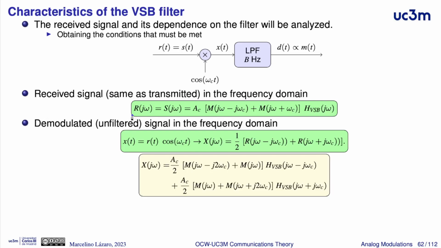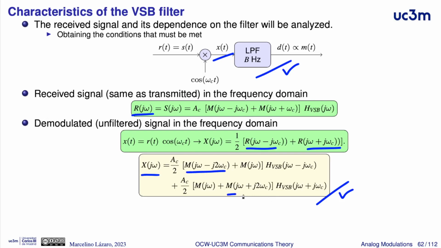Now, by replacing the expression of the frequency response of the received signal in these two replicas here, it is straightforward to arrive to the expression for the signal that we have after the product with the cosine. Finally, the low-pass filter will remove the components that are located in frequencies around 2 times the carrier frequency and minus 2 times the carrier frequency.